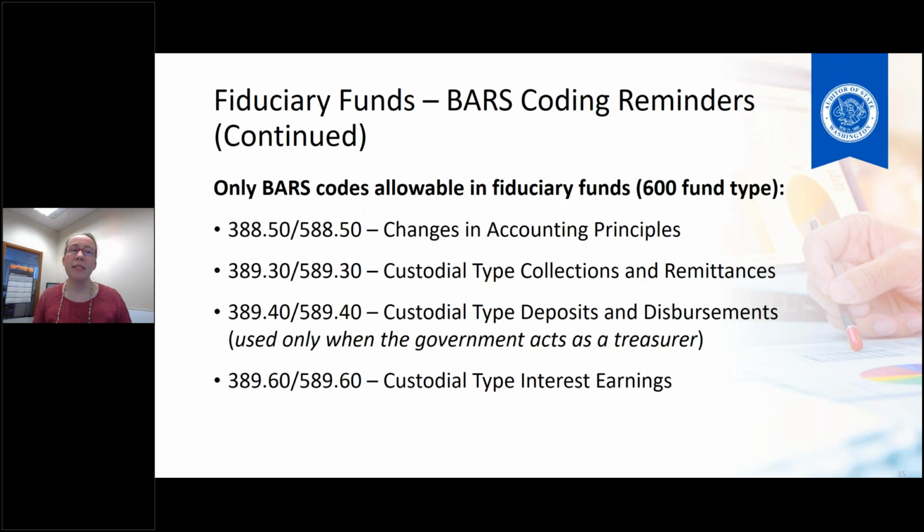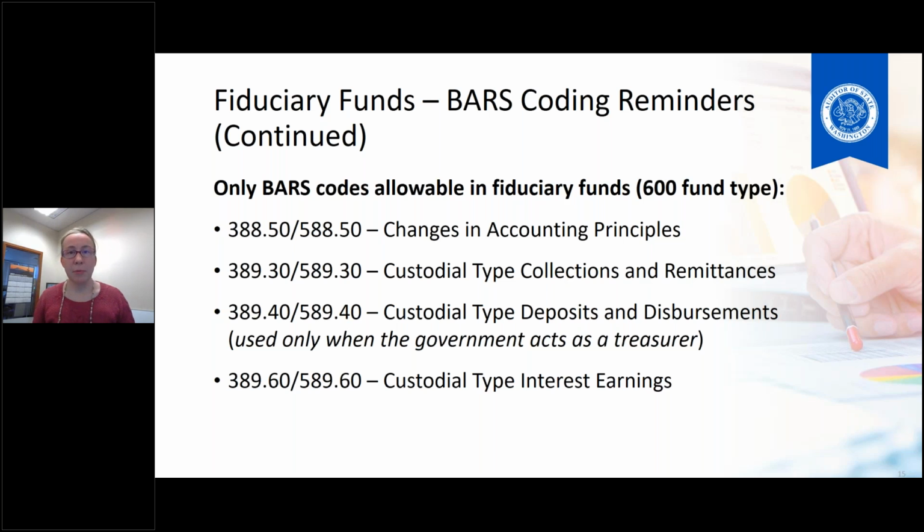38940 and 58940 sound similar to the previous code, but they're slightly different. These are custodial type deposits and disbursements. This is when you are acting as a treasurer for another entity.